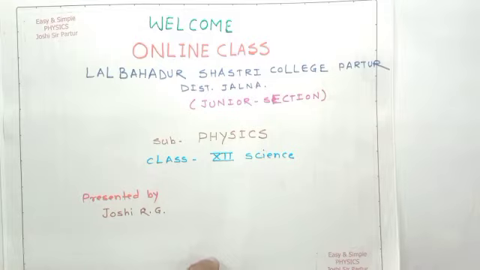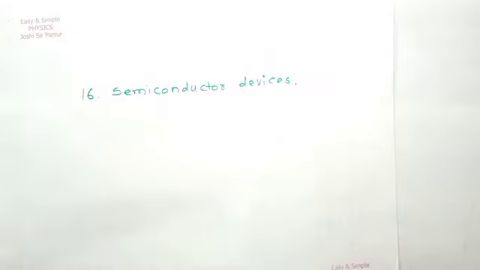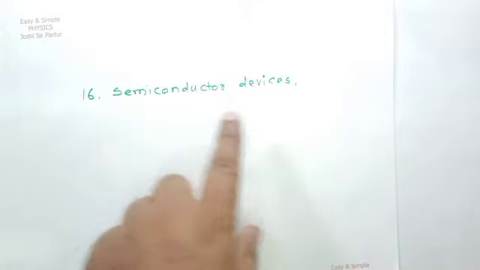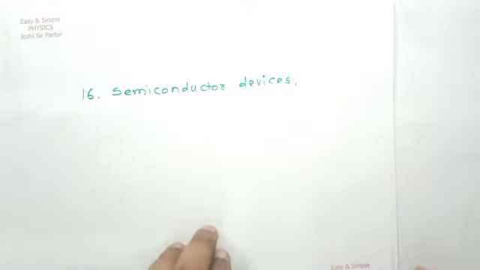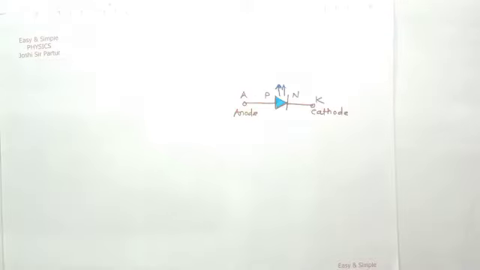Today we have studied chapter number 16, semiconductor devices. In this chapter we have seen the special purpose junction diodes.